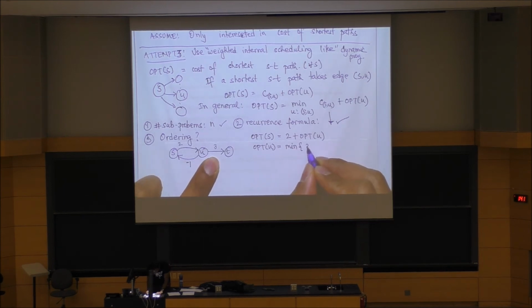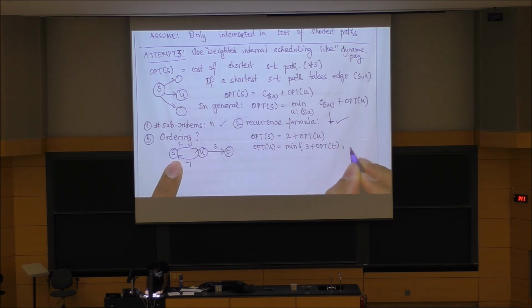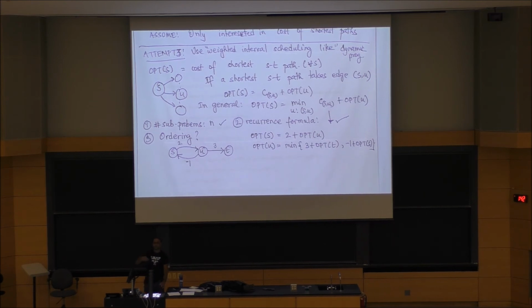It's either you go from 3 plus opt of T, or you take minus 1 plus opt of S. But the issue is now opt of S depends on opt of U, and then opt of U depends on opt of S. So there is a cyclic dependence between 2 subproblems. And once you have a cyclic dependence between your subproblems, there's no way you're going to be able to order all of them so that each subproblem only depends on the previous subproblems.